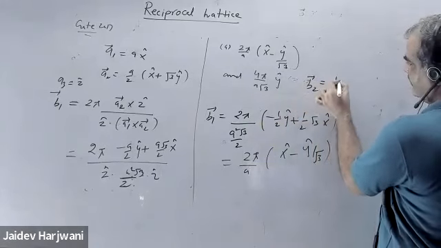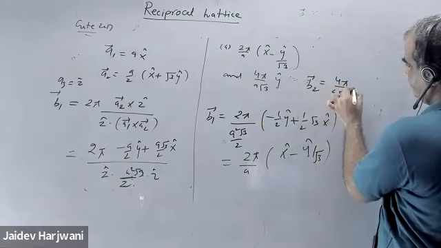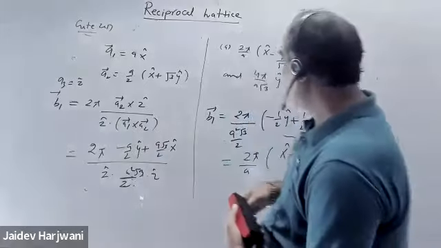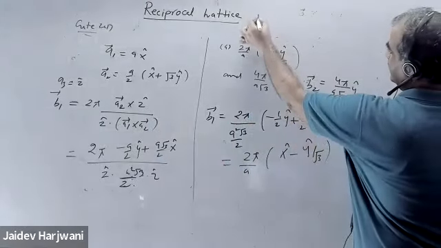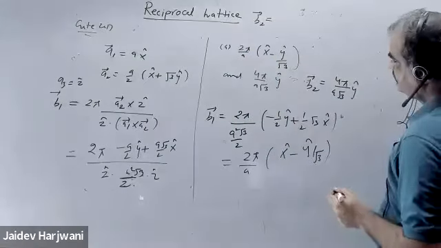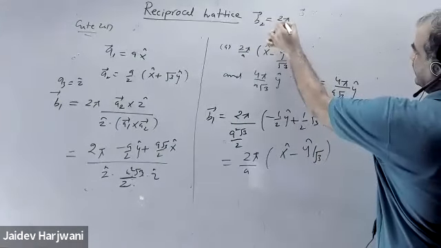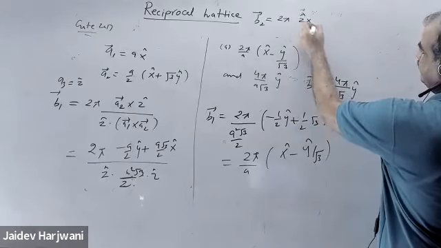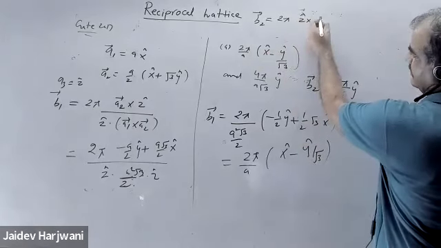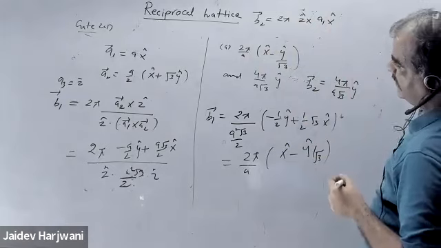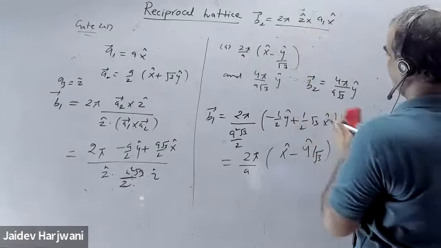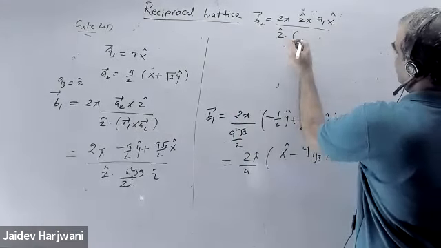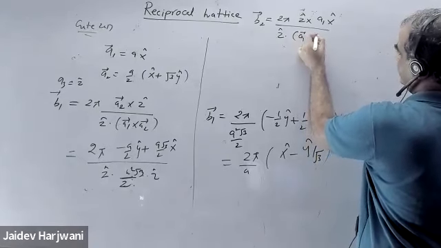If you calculate b2, sir, it should come minus y. Why will it be minus? You have to multiply z with z first, right? Yes sir, b2 is z and x. So what will b2 be? b2 will be 2 pi, b3 is z cap, and b1 is a1 x cap, divided by the same denominator, z cap, a1 cross a2.